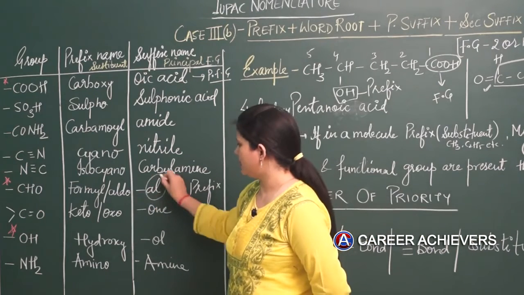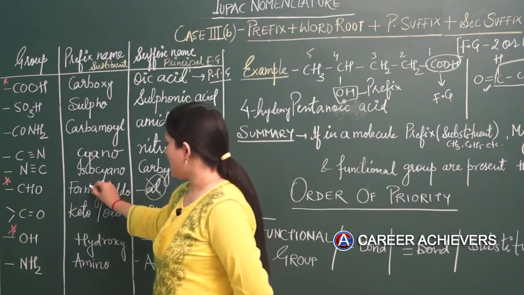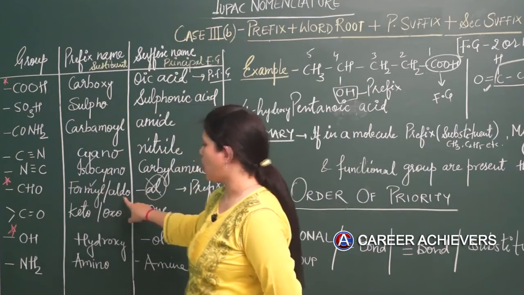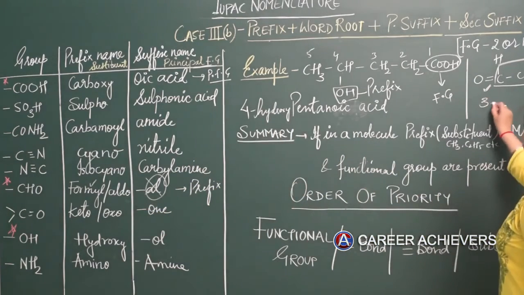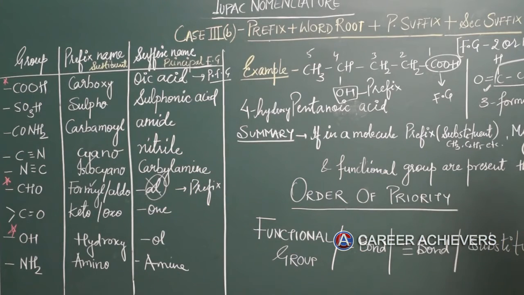So this part of the name will not be used, rather you have to use formyl or aldo as a prefix. So the name for this molecule would be 3-formyl. Then how many carbons are there? 3. So propanoic acid. I hope you have understood this.